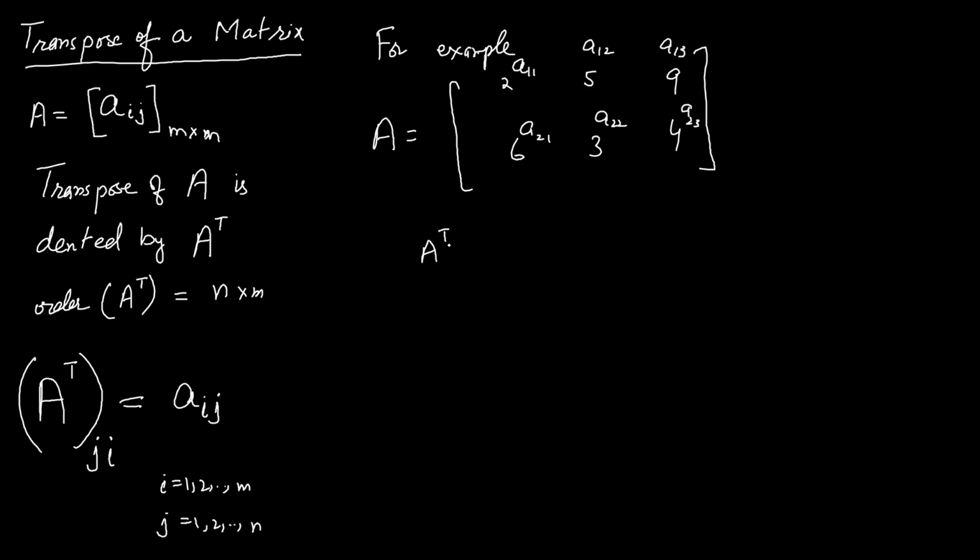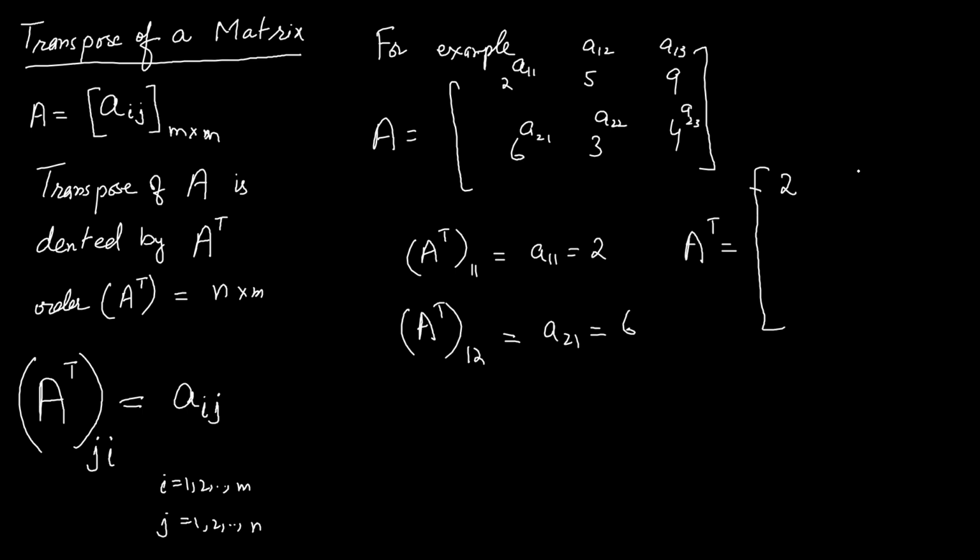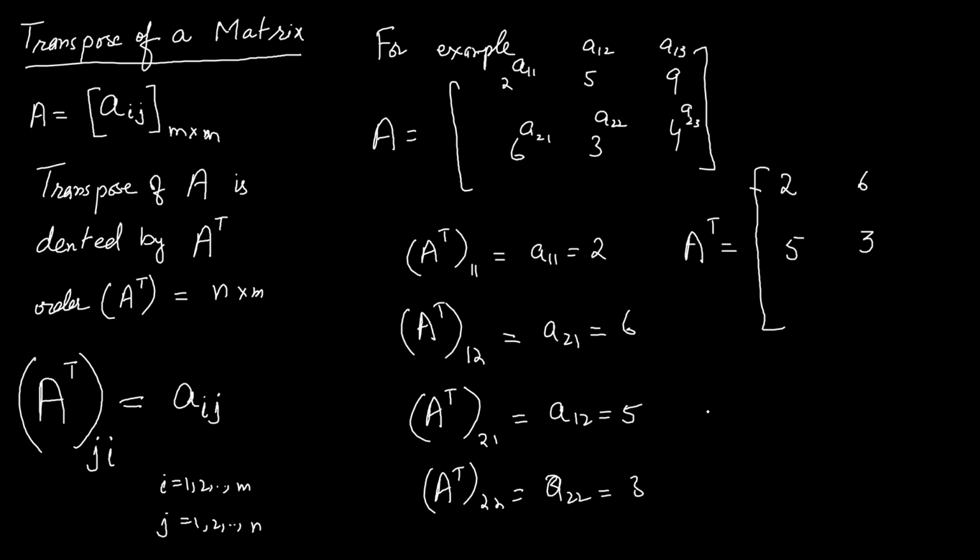Element at row 1 and column 1 is A11, which is 2. Element at row 1, column 2 in A transpose is equal to A21, which is 6. Likewise, element at row 2, column 1 is equal to A12, which is 9. At row 2, column 2 is A22, 3.